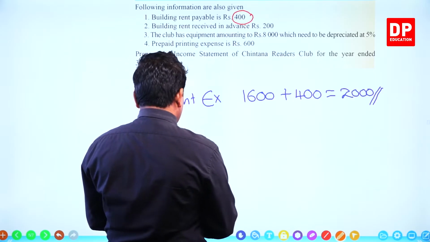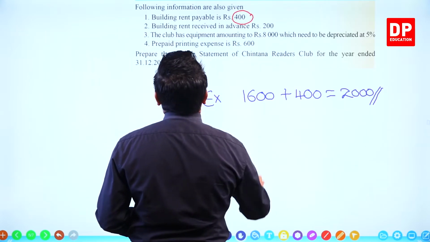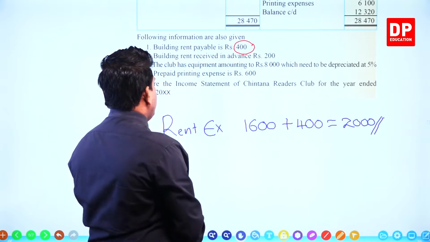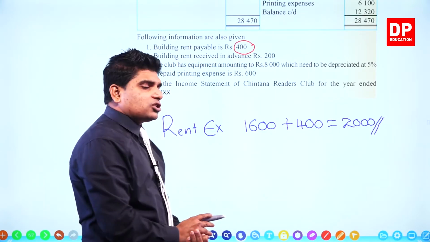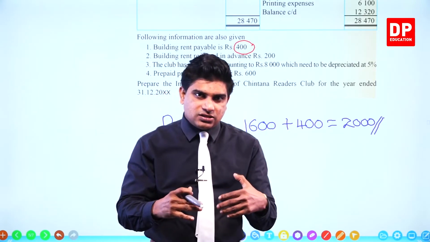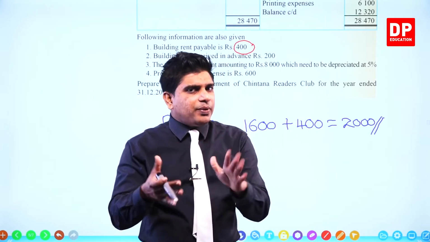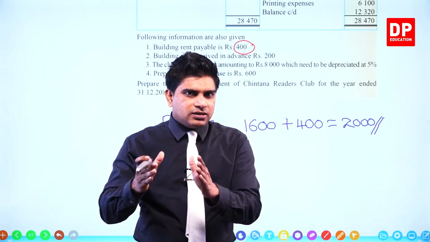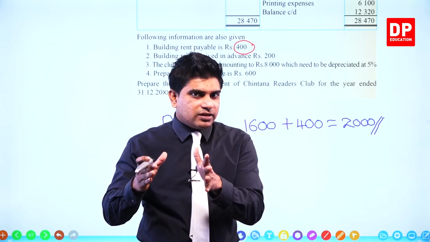Now the next one. Building rent received in advance 200. Received in advance. Think about prepaid expense. In prepaid expense we already paid more money.